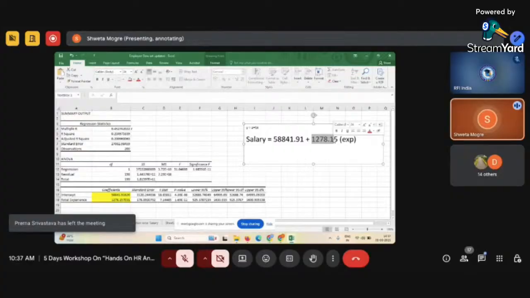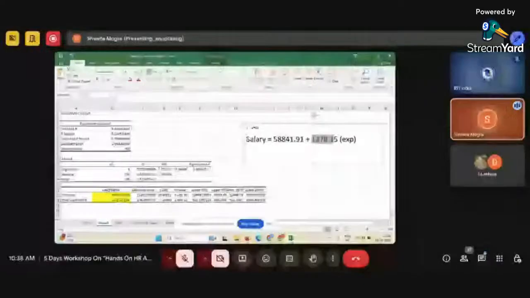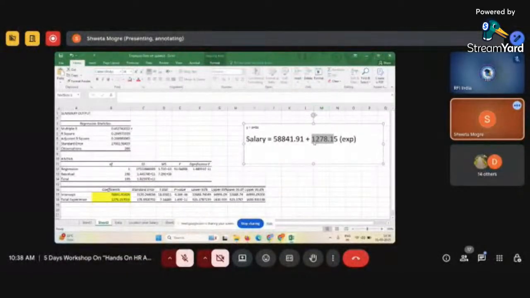If experience increases by 1 year, salary will also increase by 1,278 rupees. And vice versa. If I reduce experience by 1 year, then salary will also reduce by 1,278 units.